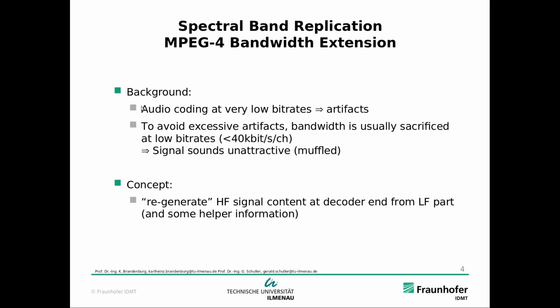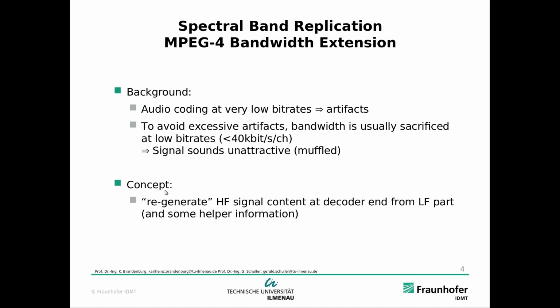The background here is that audio coding at very low bit rates leads to artifacts, and to avoid excessive artifacts, the bandwidth is usually sacrificed at low bit rates, say below 14 kilobits per second per channel. And that means the signal sounds unattractive or muffled.